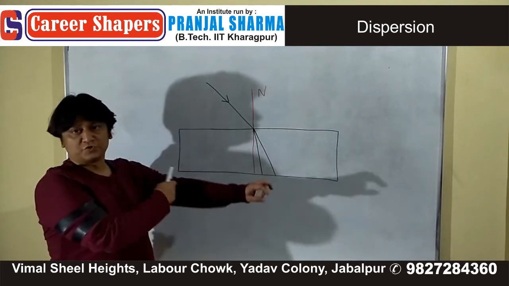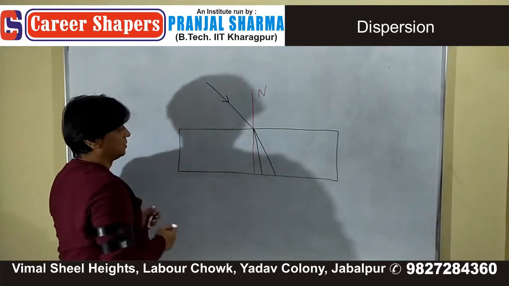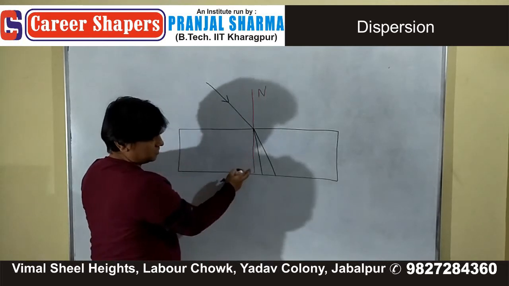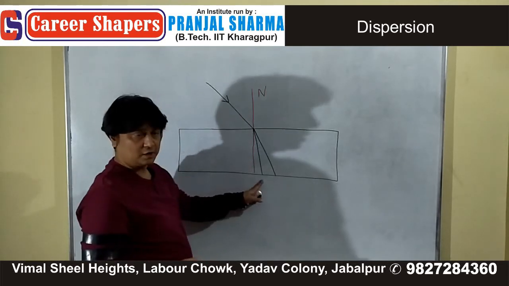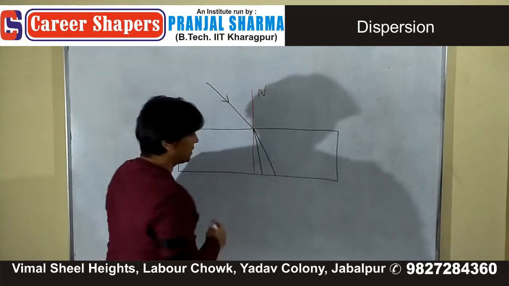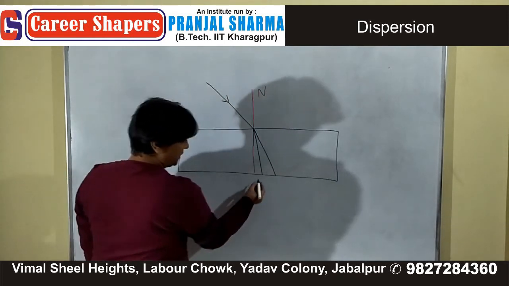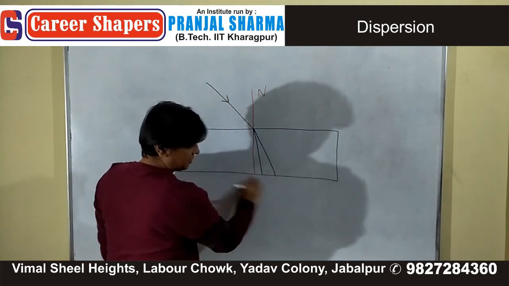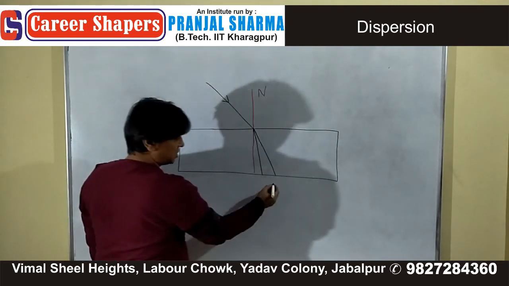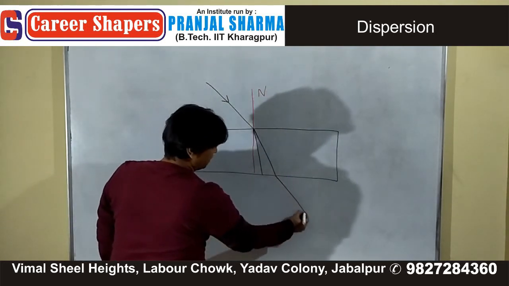Now which one is V and which one is R? Closer to the normal is V. Further away you will get R. And ultimately as they emerge out, they will come like this.